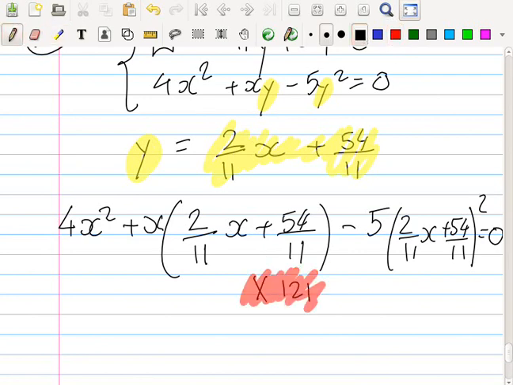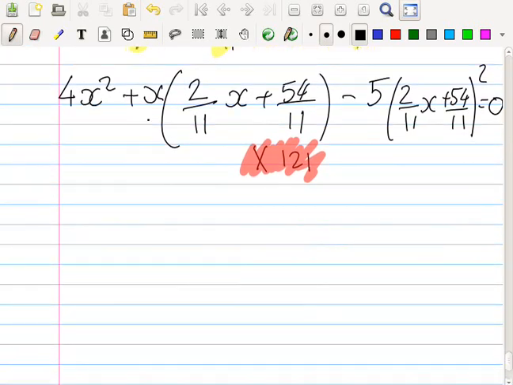You take the denominator and you square it. 11 squared is 121, isn't it? Yes, okay. 4 times 121 is 484x squared. Now, 121 over 11, what's that? 121 divided by 11 is 11.